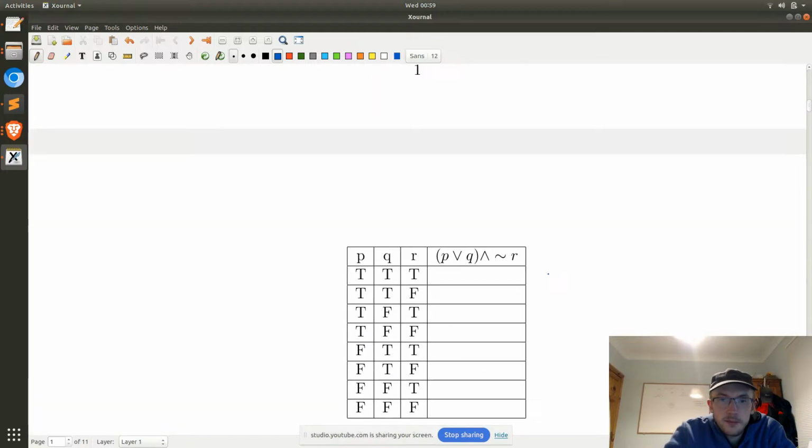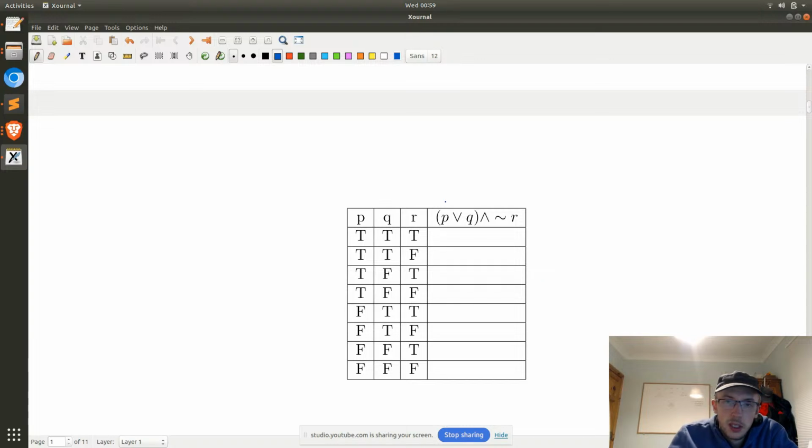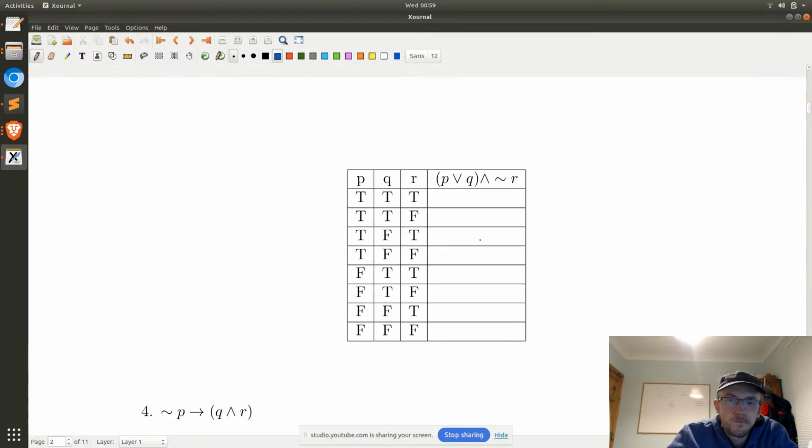Okay. P or Q and not R. So conjunction is the main connective, and conjunction is only true when both conjuncts are true.